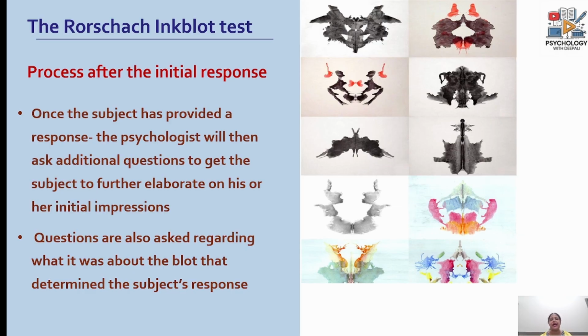If the person has said that, the examiner would ask him, what is it about this blot or this pattern that made you feel that it is an animal? It could be any other response also that the subject has given, and the examiner will then ask, what is it about the nature of the blot or what is there in that picture or the card or the pattern which makes him or her feel that it is that particular object?